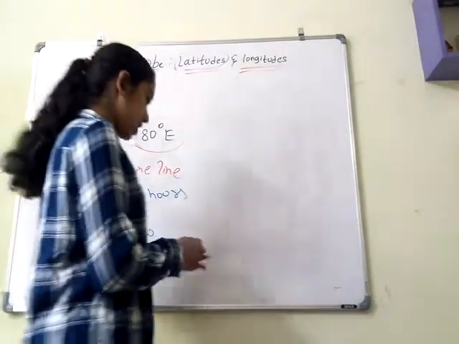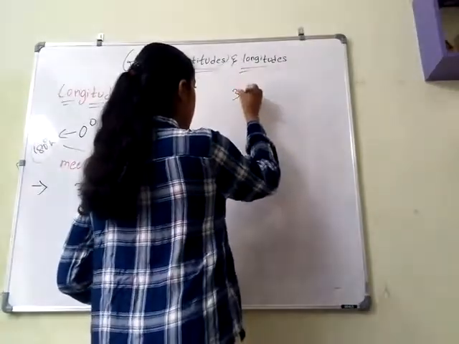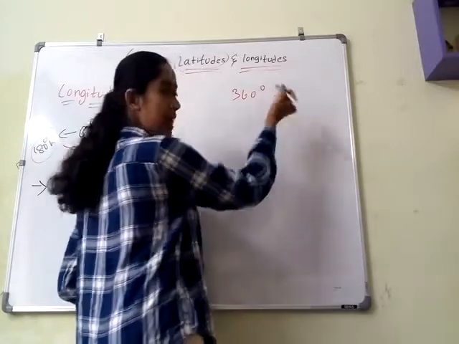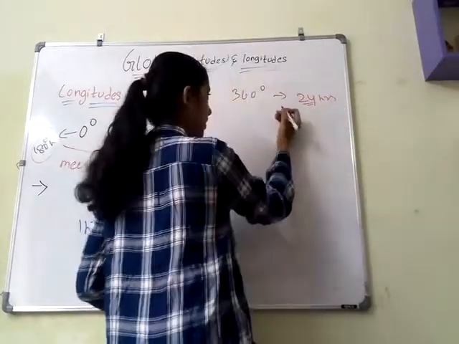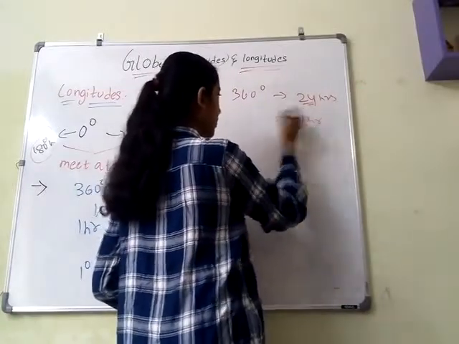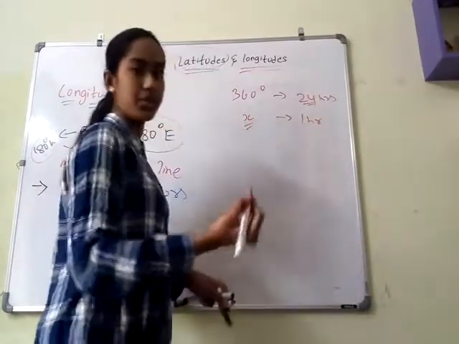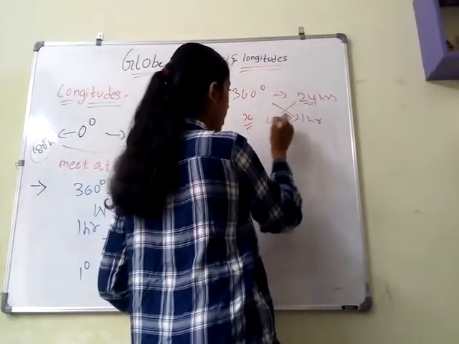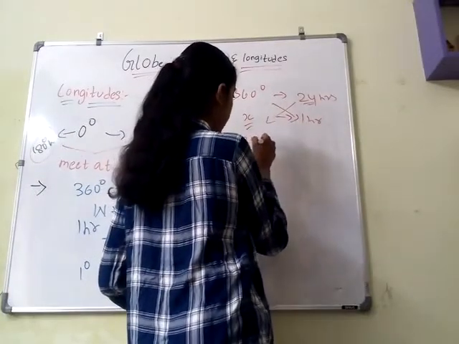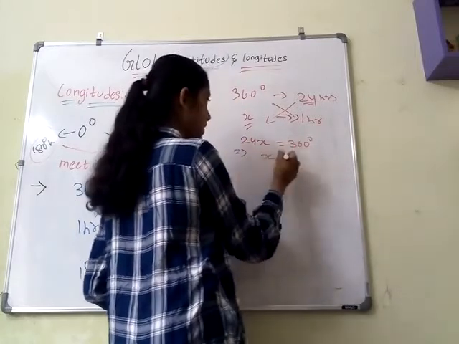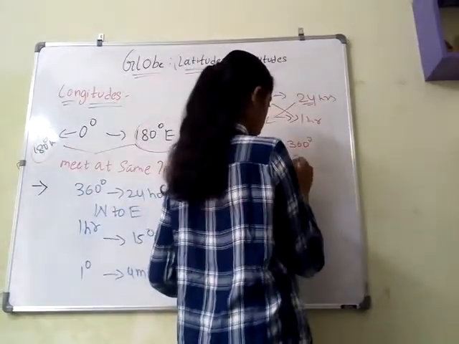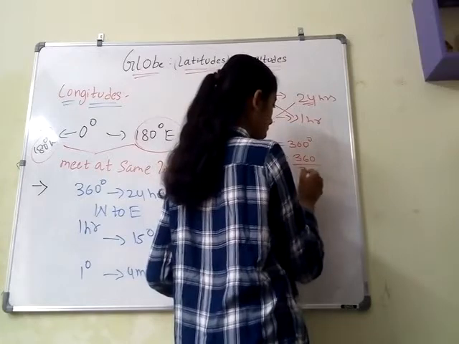How will we get this? See here, for 360 degrees we have 24 hours, right? Then for 1 hour, how many degrees? You can just do cross multiplication. 24x is equal to 360 degrees, that implies x is equal to 360 by 24.